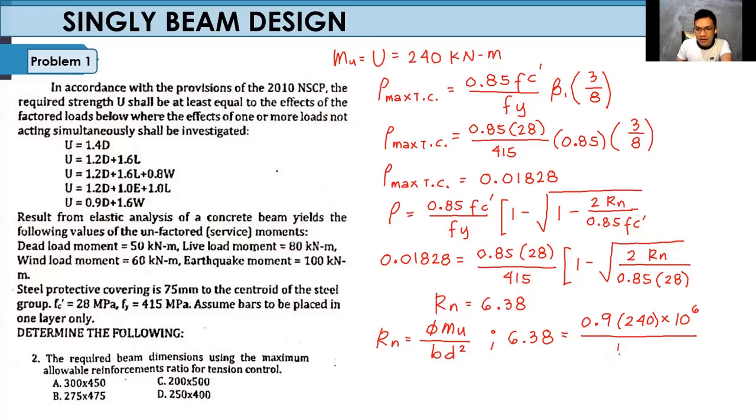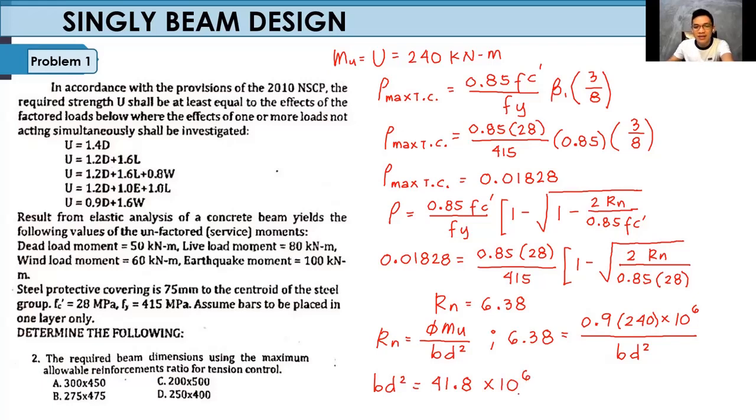Ayan. Yan yung hinahanap natin, yung combination ng BD squared. So therefore, 6.38 is equivalent to 0.9 multiplied by 240 times 10 to the power of 6. So, lagyan na natin ito sa kabila. BD squared natin is equivalent to 41, by using your calculator, 0.8 times 10 to the power of 6.